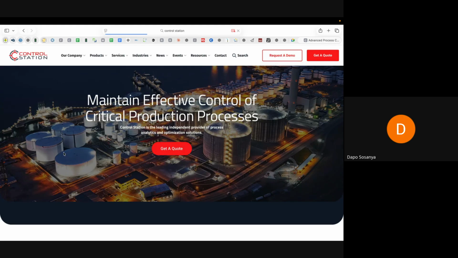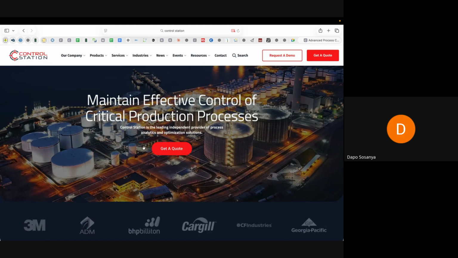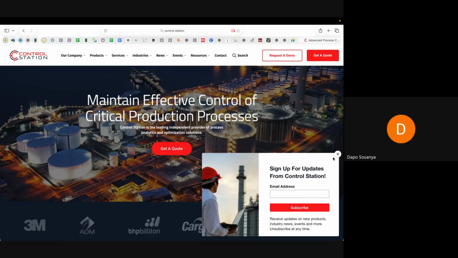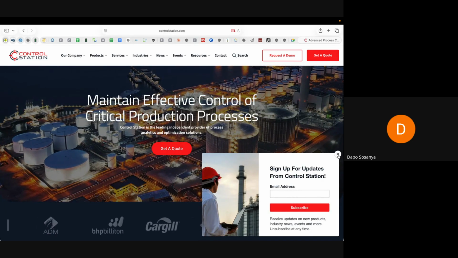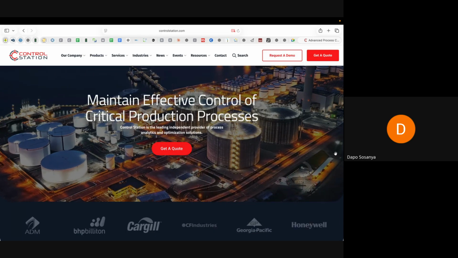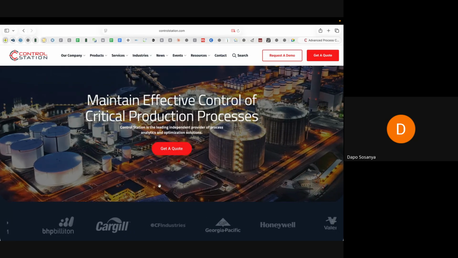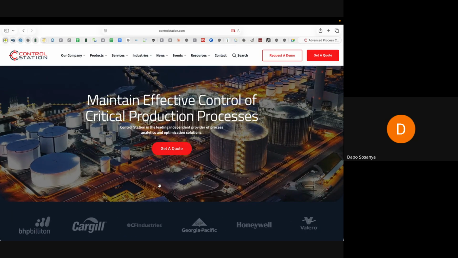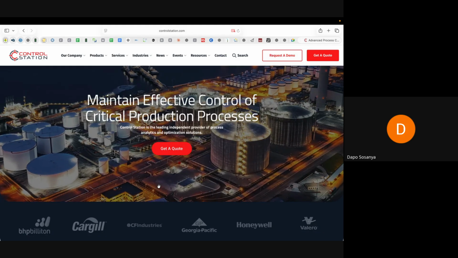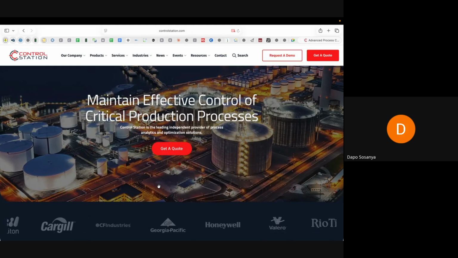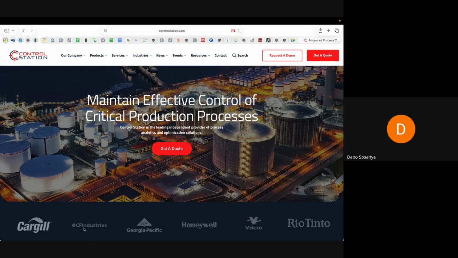You can subscribe to them. I've had a training with them in the past, right? And then they have a newsletter. The whole of this company, they build software for tuning processes, and you can see the caliber of industries they work with.